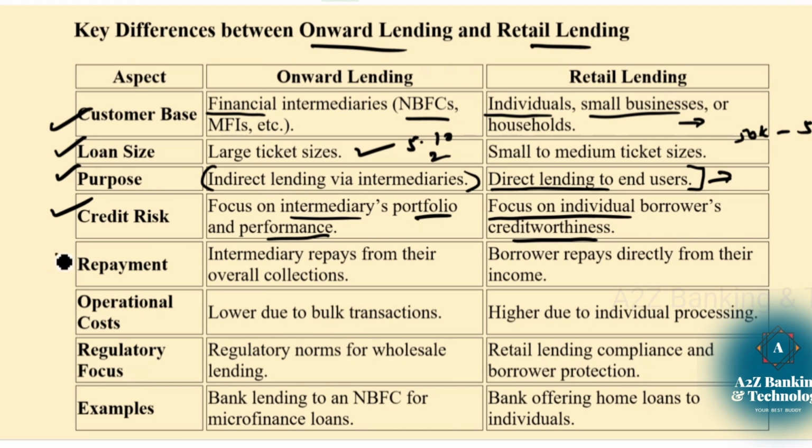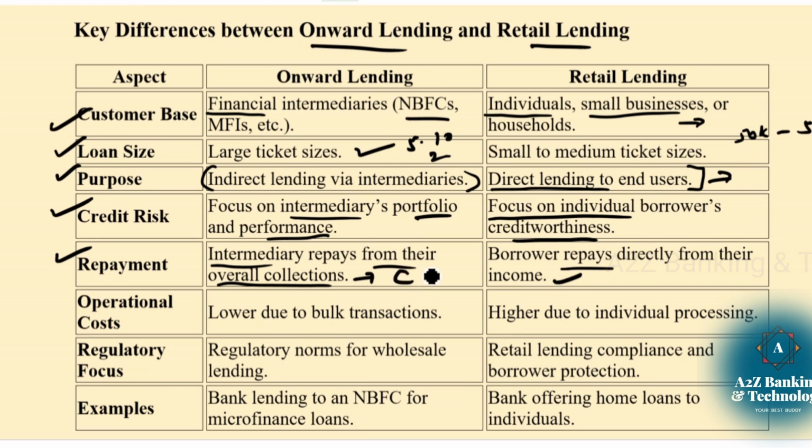So let's go by the repayment. In onward lending, intermediaries repay from their overall collections. I mean, their repayment happens from the end users' recovery. In retail lending, borrowers repay directly from their income. In onward lending, repayment happens from the collections which have been done from their individual borrowers.